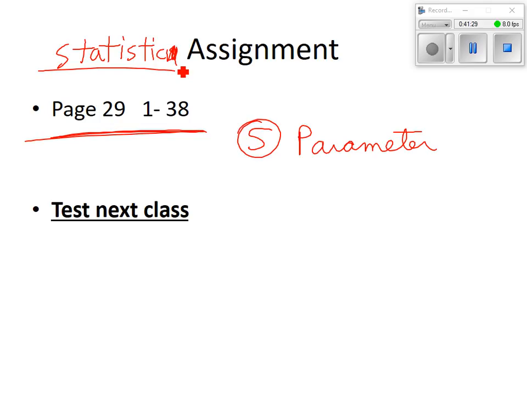A parameter is a piece of data that goes with the population. A statistic is a piece of data that goes with the sample.